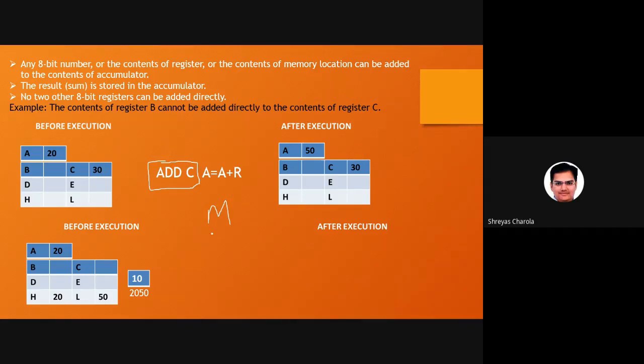So remember, M always means the combination of H and L. H plus L will give you the 16-bit data, and that data will be considered as a memory address. Is it clear, all of you?